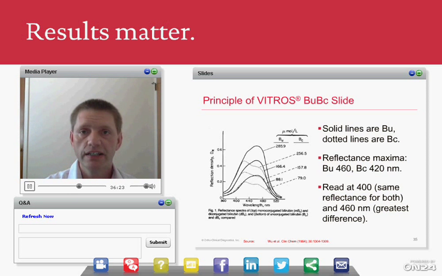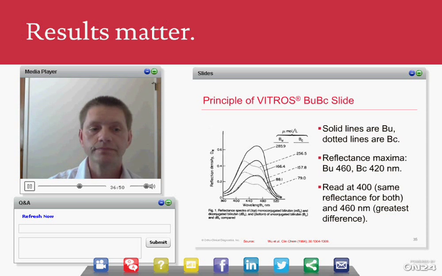So by reading at a lower wavelength, such as 400, and a higher wavelength, in this case 460, you can get a measurement of total bilirubin, and then you have the information necessary to deconvolve the spectra into what proportion is due to unconjugated bilirubin versus conjugated bilirubin.